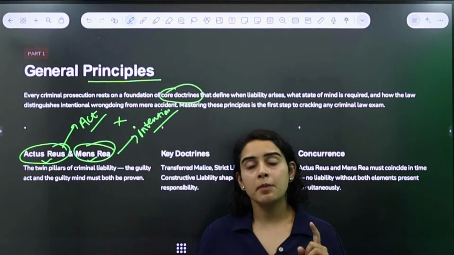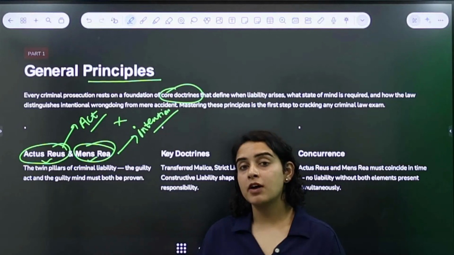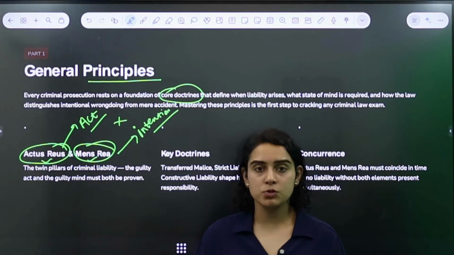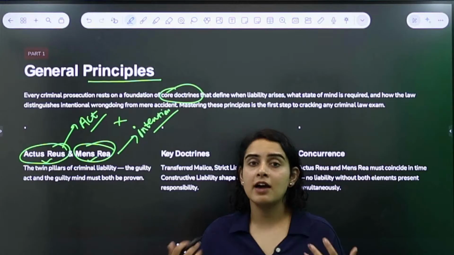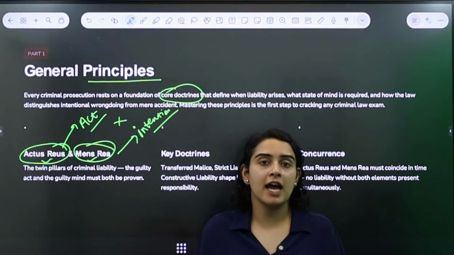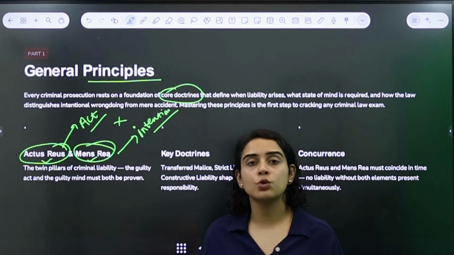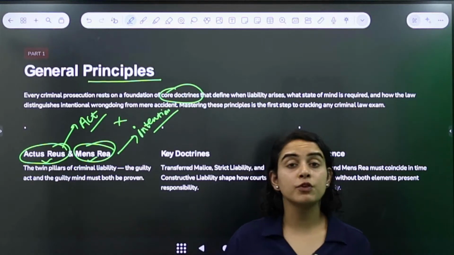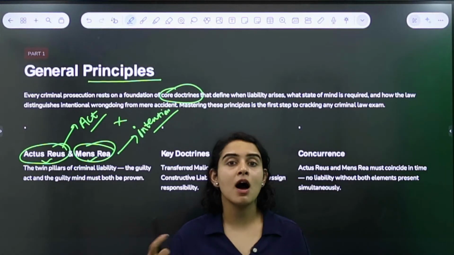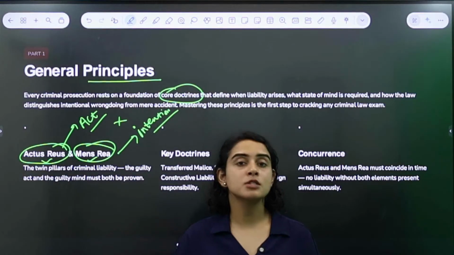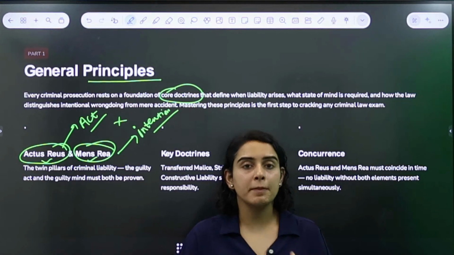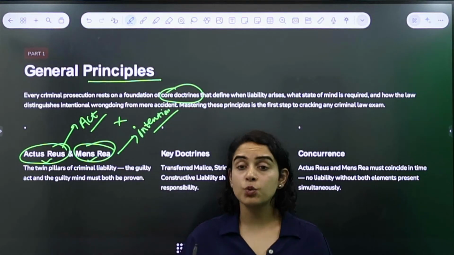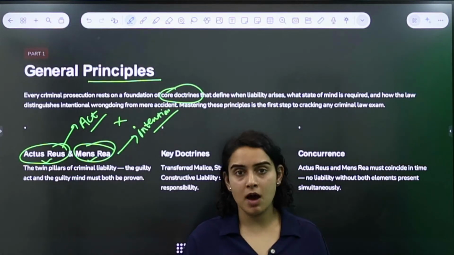No. But let's say you have accidentally done some harm to someone, but you did not have any intention. It was purely an accident. In that case also, you're not liable. So if you had an intention to do some harm to someone, and in pursuance of the same, you finally commit an act through which you actually end up doing some harm.